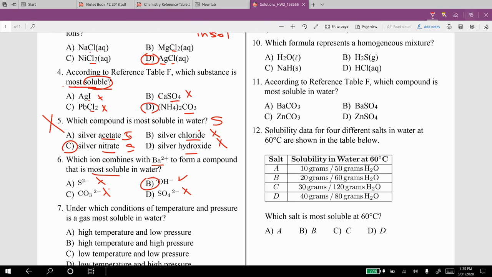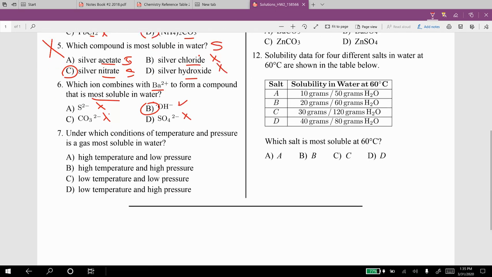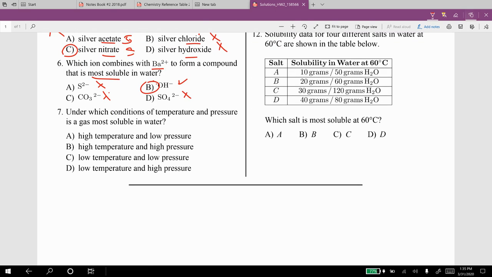All right, let's move on to our next question. Again, I apologize for question number 5. Okay, so under which conditions of temperature and pressure is a gas most soluble? Again, if a gas is going to be most soluble, I want something that is the opposite of ideal, right? Because does a gas really want to be trapped inside of a liquid? Absolutely not.